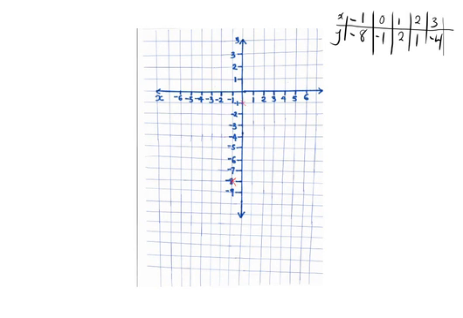We have a point there. X is 1 when y is 2. So another point over there. 2 for x and 1 for y over there. And lastly, x is 3 when y is negative 4.